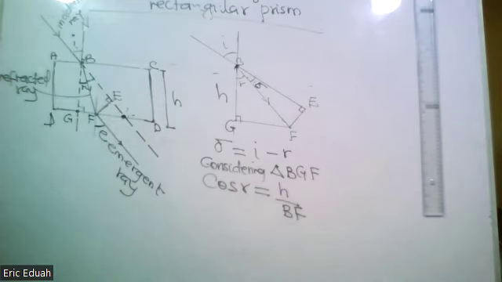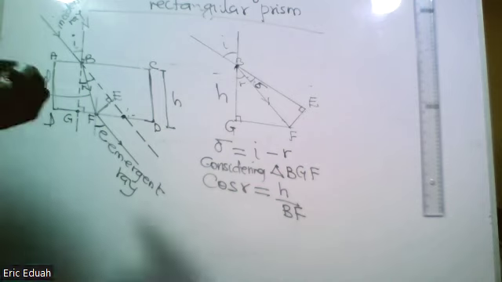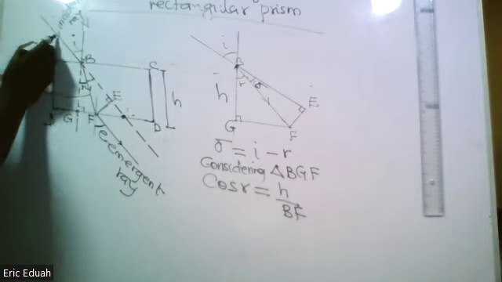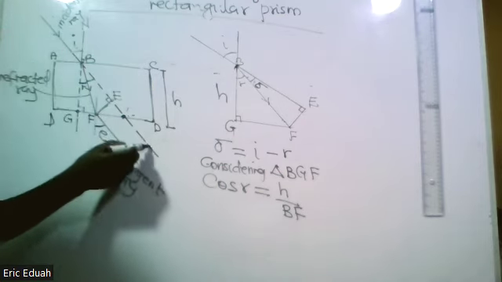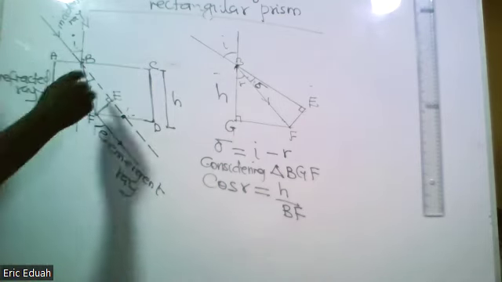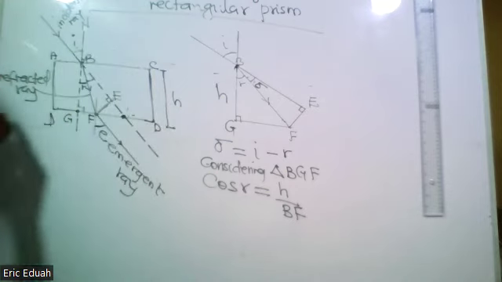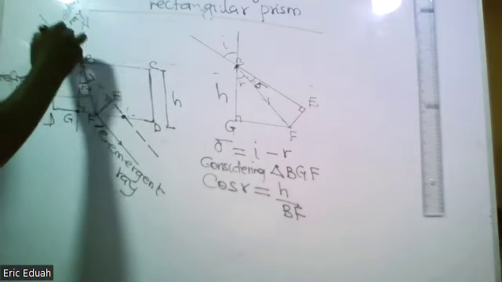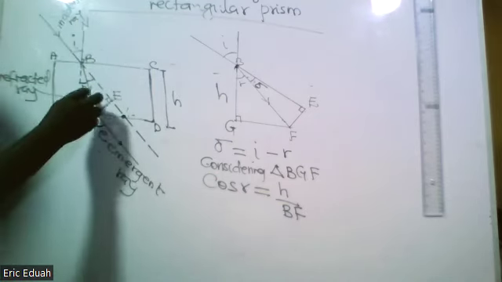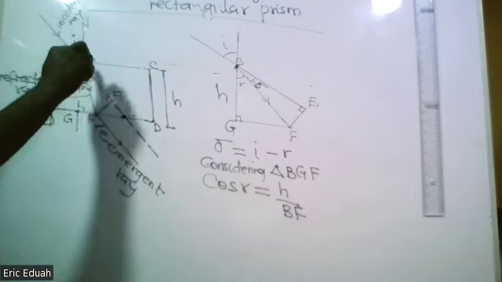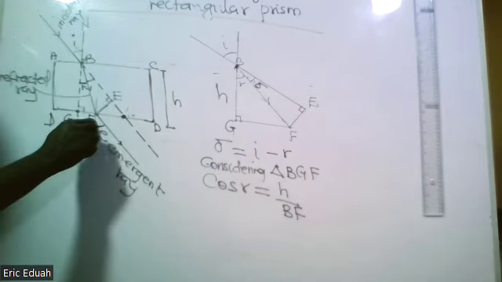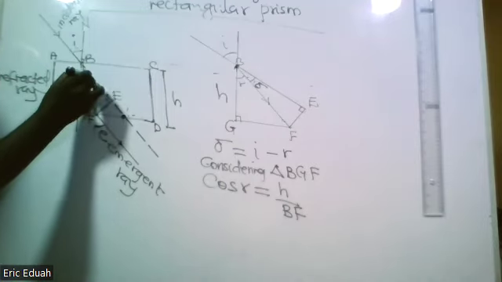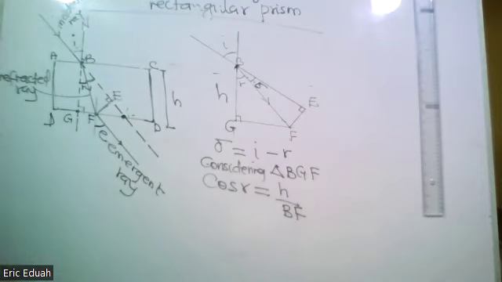Now, this is the original direction of the incident ray. Because of difference in density, it is deviated. The straight line of the angle of incidence is deviated to line BF, which is why this angle is the angle of deviation.